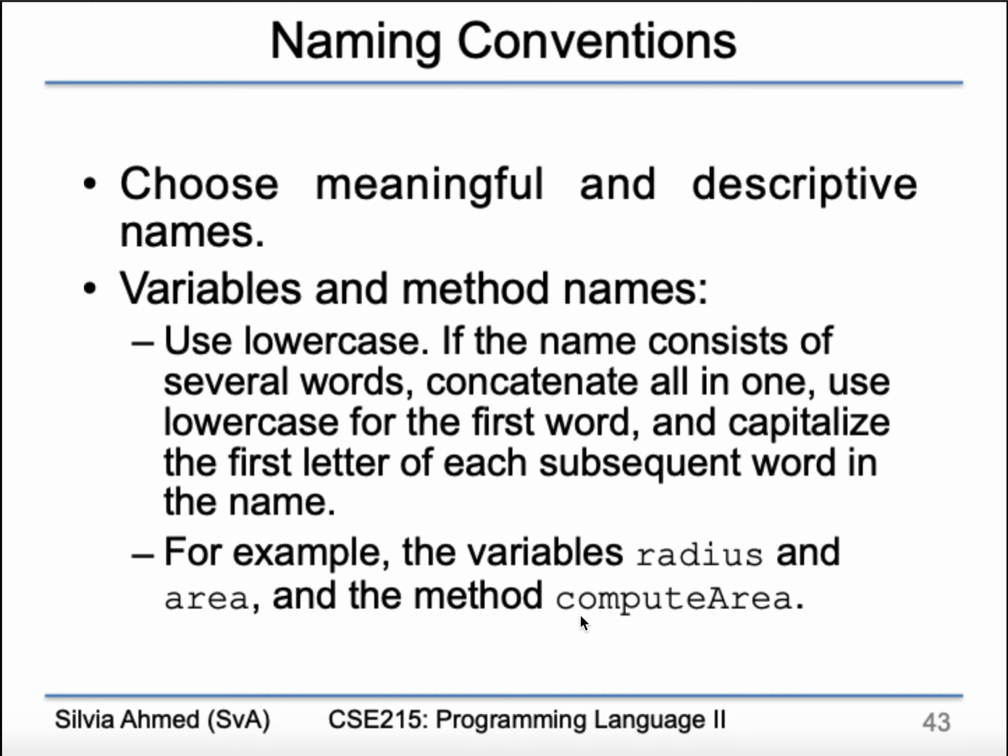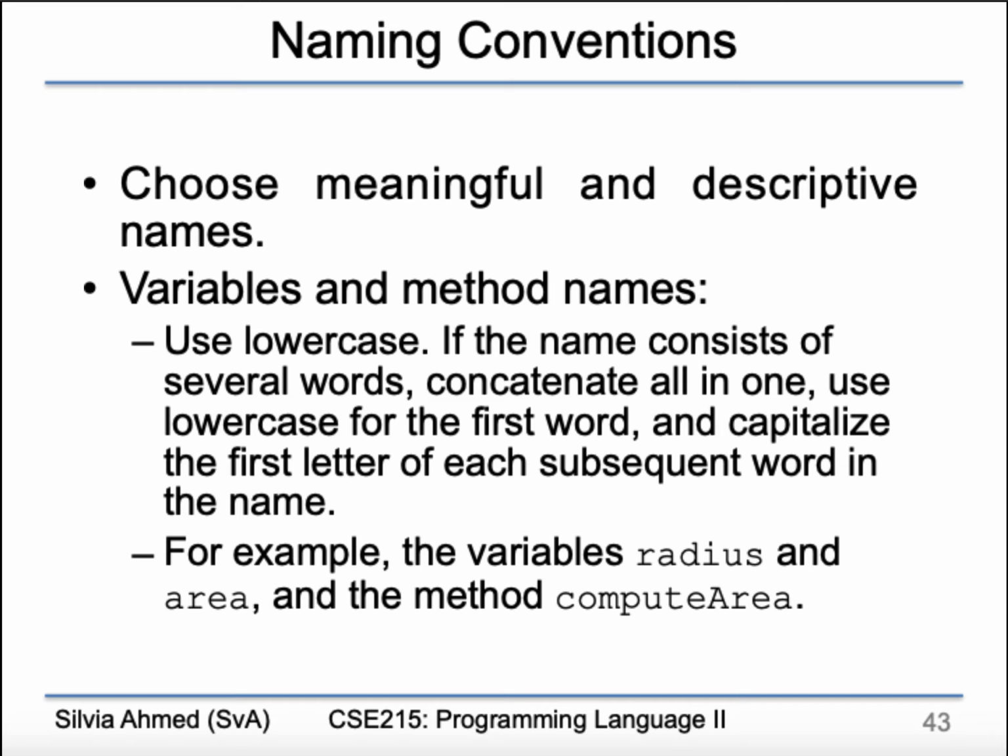And the method name computeArea, here we have two words concatenated together. So the first letter of the second word uses a capital letter. Okay, and this is known as camel casing. Okay, so conventionally the Java programmers use this camel casing method.